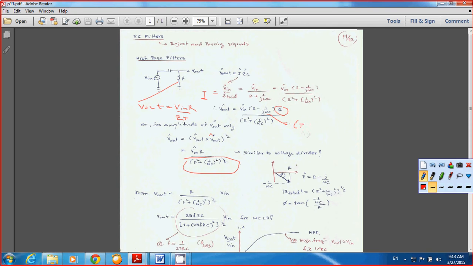You multiply the other term, the V conjugate, so it becomes R plus 1 over J omega C. Okay, multiply, you're going to end up with R squared plus 1 over omega C squared. And then you can cancel out the top one and down here. So you end up with the square root of this term. So it's not really complicated. I'll let you work it out by yourself.